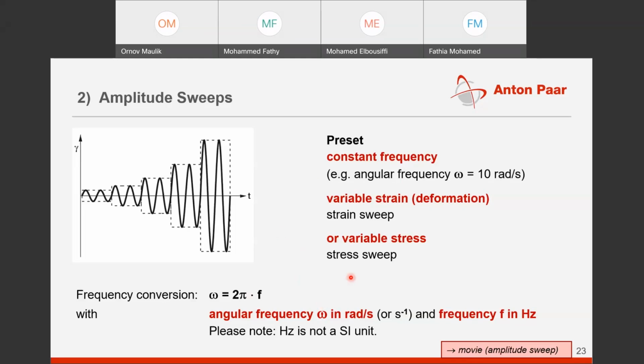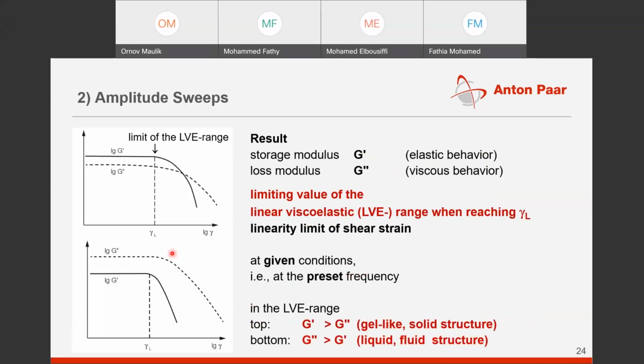So here you can see the results. What we get is somewhat like this over here on the left hand side, for some types of material, especially if you are dealing with solid materials. Initially you would find G prime dominant over G double prime.